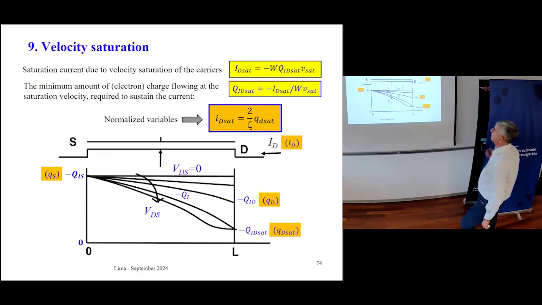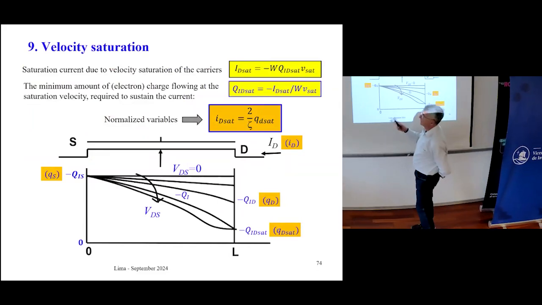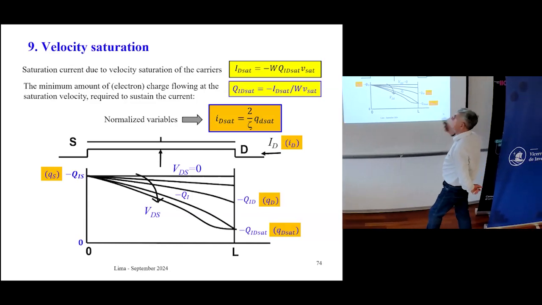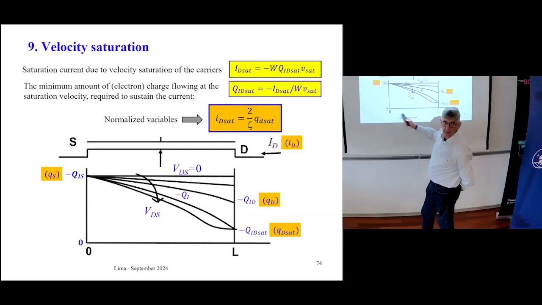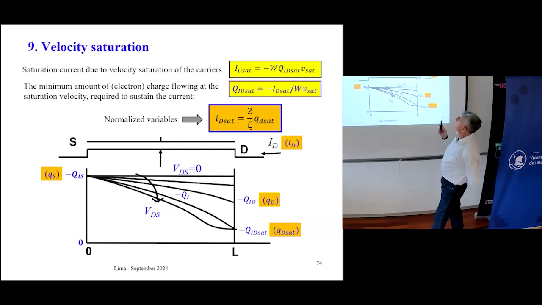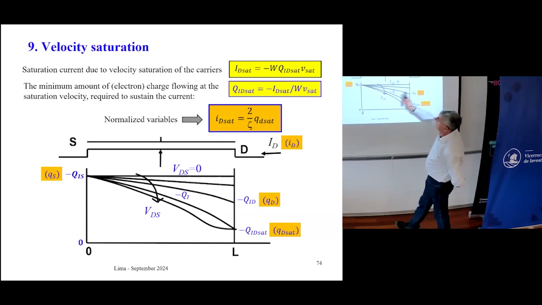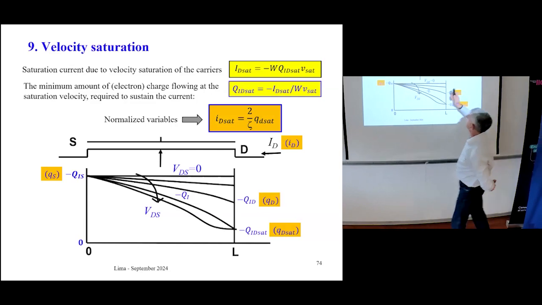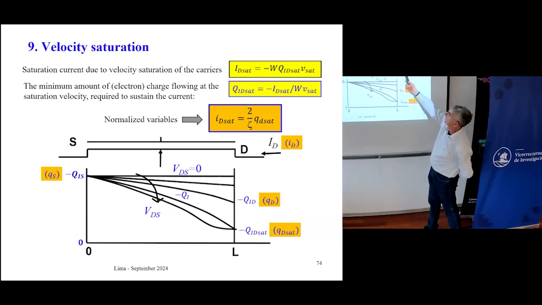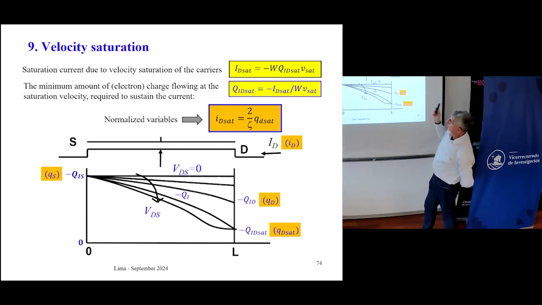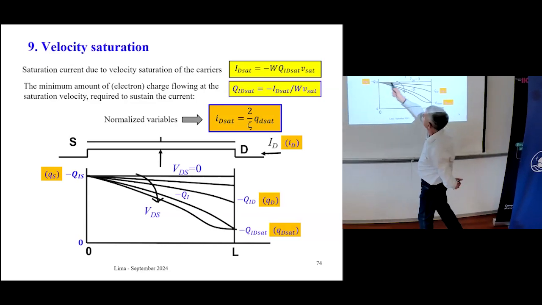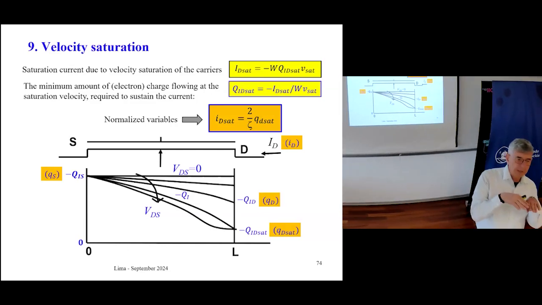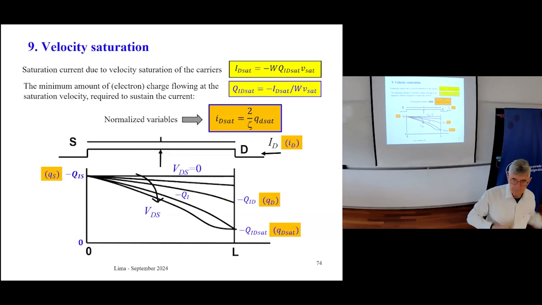This picture here shows a profile of the inversion charge density from source to drain. Okay, let's assume here that the source voltage is constant, the gate voltage too, and the only voltage that changes is the drain voltage. In the first curve, this one here, VDS equals 0. This means that the channel is uniform.